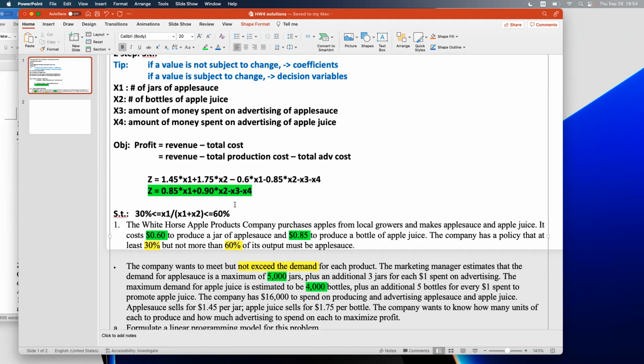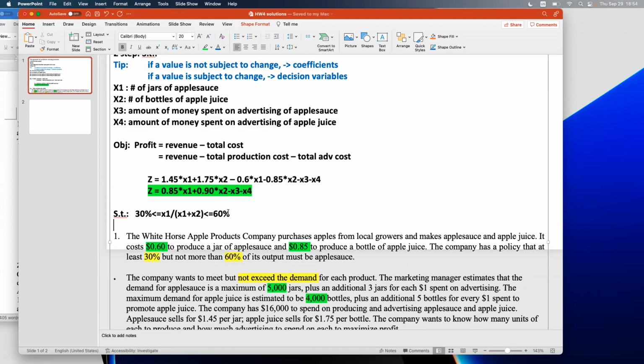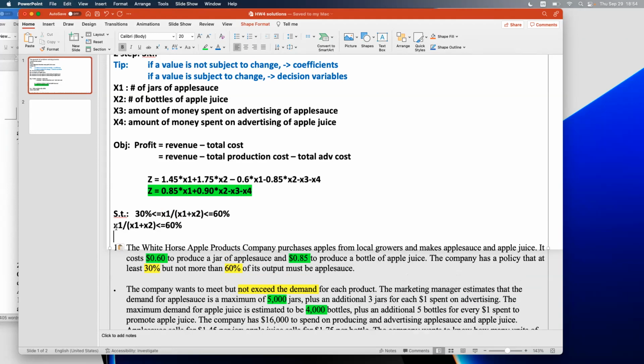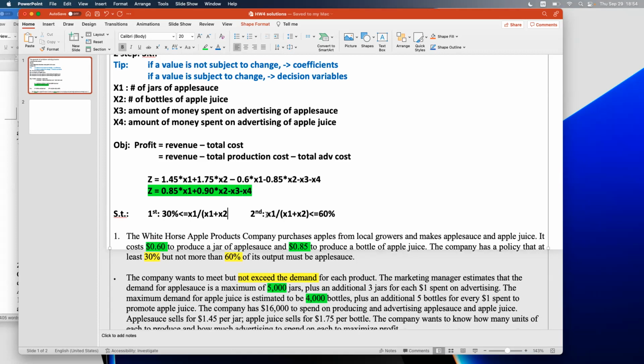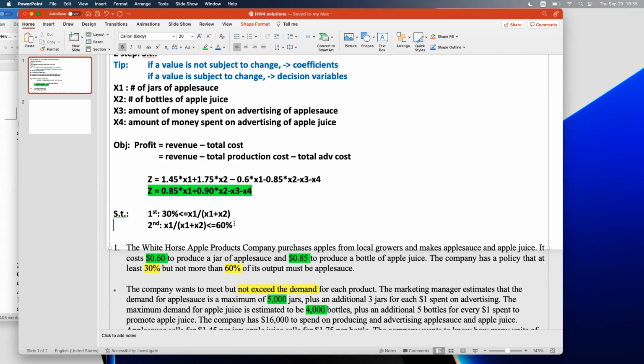Or you can divide it into two, it doesn't matter. That's the first one, copy and paste, that's the second.